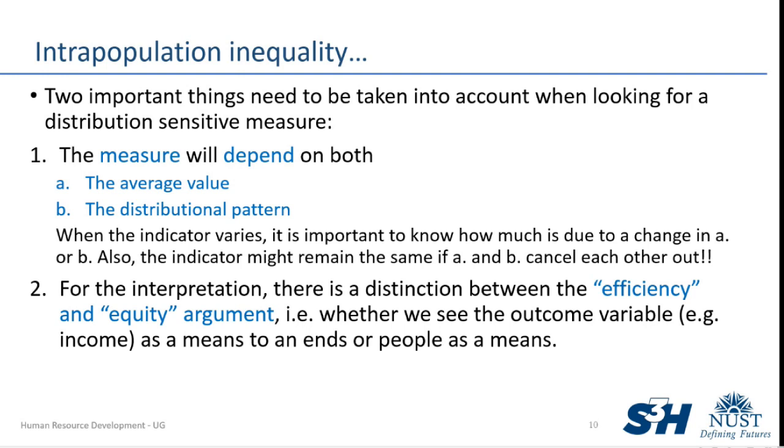Because if the distributional factor is increasing and the average value is decreasing, it is quite possible that these two will cancel themselves out. But as a researcher, you should know what the dynamics were behind the no change in the index. We will see later on that in some countries, HDI did not change much over time. One of the reasons is that there are some movements in the sub-indicators, but they cancel themselves out.